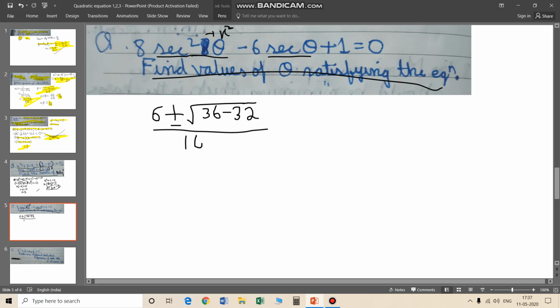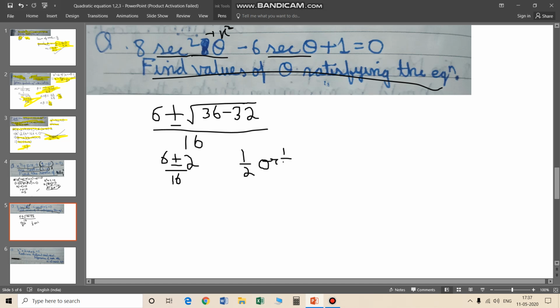And here 2a is 16. Check, 36 minus 32 is 4, then 6 plus minus 2 by 16, right? What is it? 1 by 2 or 1 by 4.